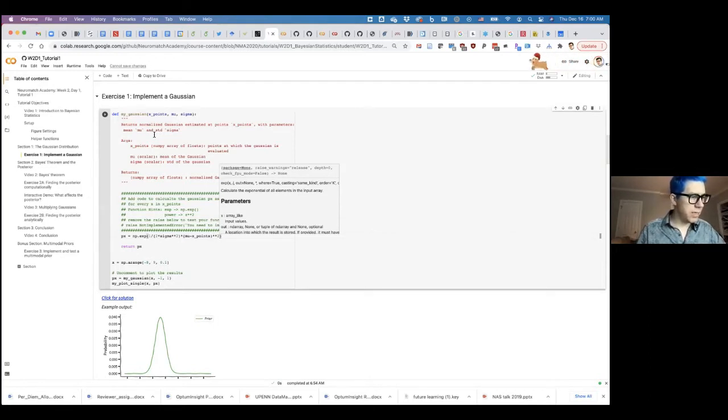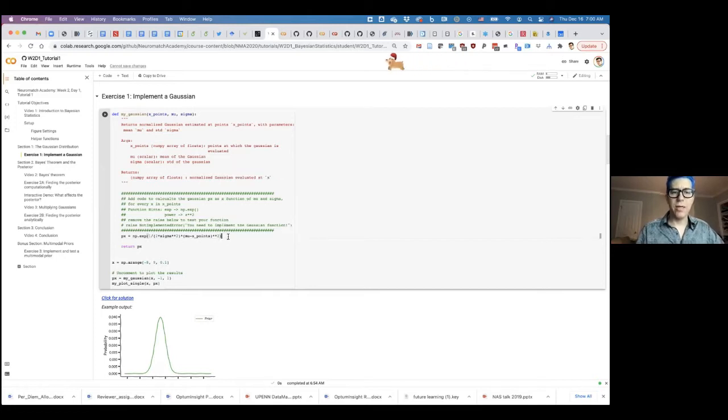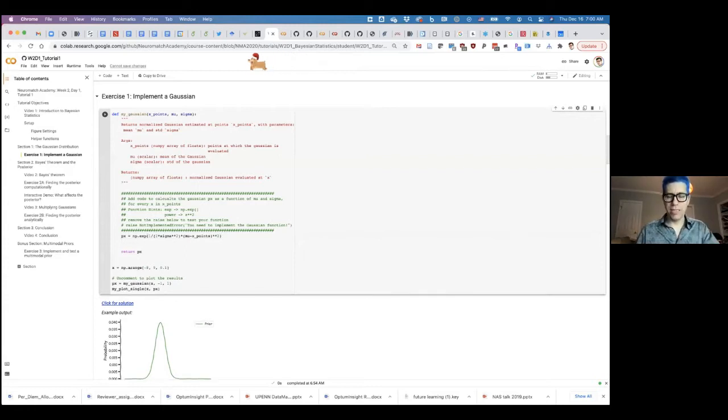Is that it? Maybe that's it. But without more, this is not going to be normalized. Now we need to normalize it. So we can say px is px divided by px dot sum.